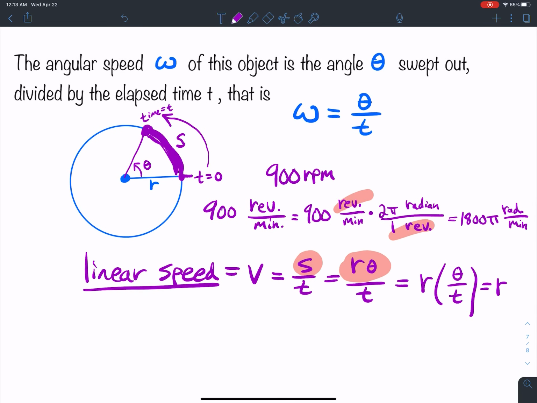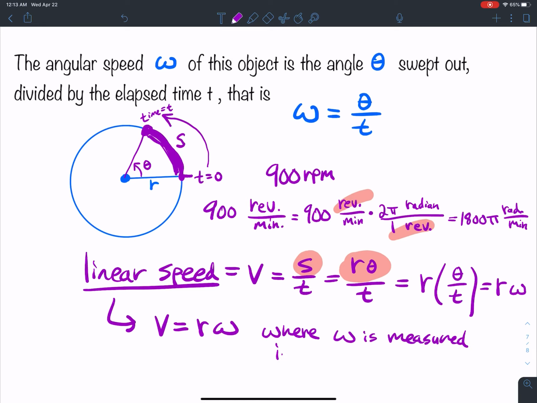So this is r times omega. So this last formula, linear speed v is equal to r omega, where omega is measured in radians per unit time. So if time is in seconds, then you put it in seconds, whatever your unit of time is.